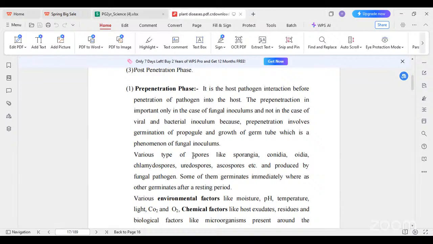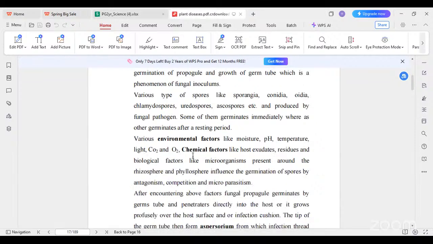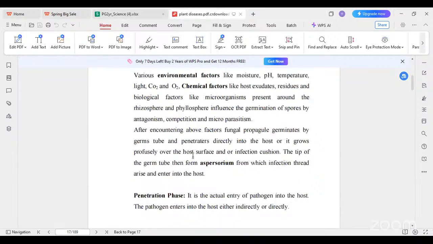And coming to the chemical factors like host exudates, residues and biological factors like microorganisms present around the rhizosphere and phyllosphere influence the germination of spores by antagonism, competition, and mycoparasitism.